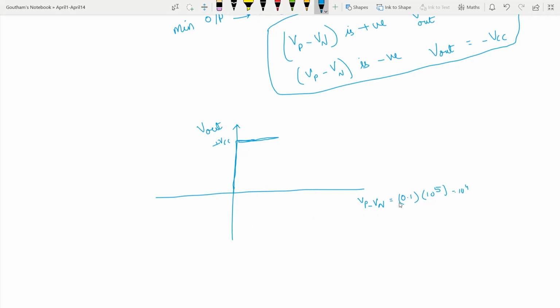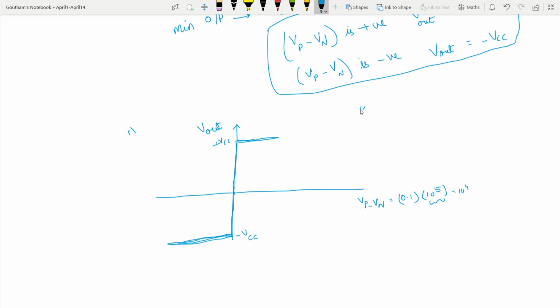And even for very small negative values, like minus 0.0001, your input is multiplied by 10^5, since open loop gain is very high, and the output becomes minus VCC. This is how the output behaves on an open loop IC741.